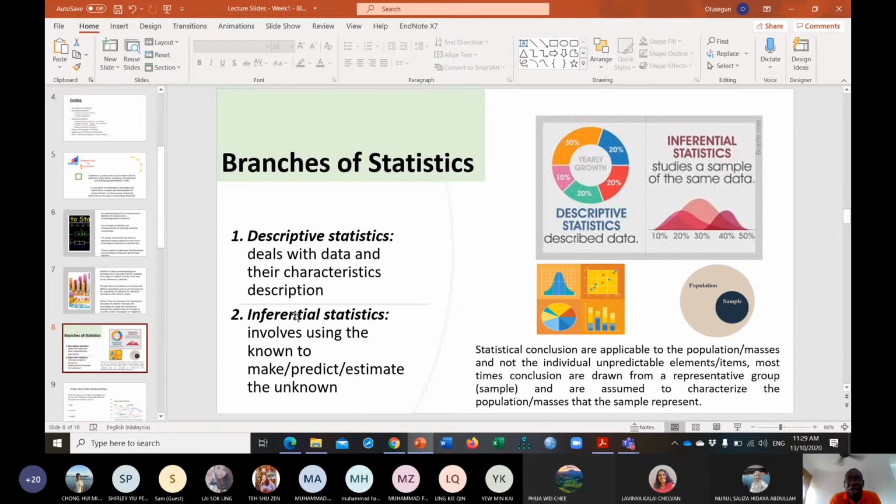Most of the time, if I need to study the characteristics of a particular variable or a particular item of all the students in the University of Malaya, or even let's say the students in the Faculty of Built Environment in University of Malaya, it may be difficult for me to get all the students one by one, which would mean I will have to visit the entire population of the students in the Faculty of Built Environment. However, I can do with a sample, selecting a sample across the various departments, across different levels.